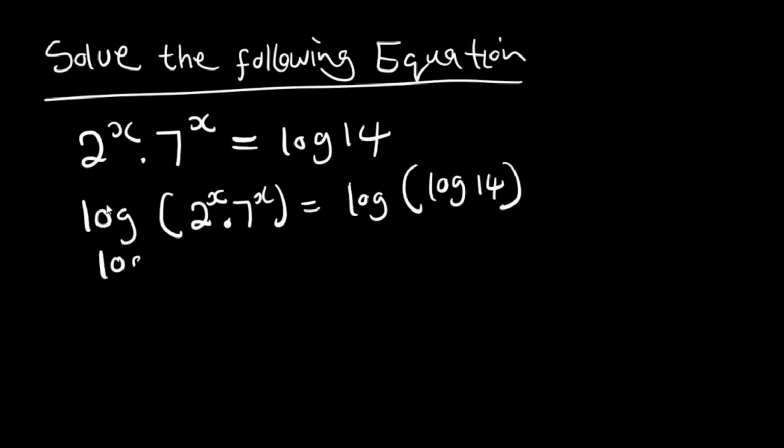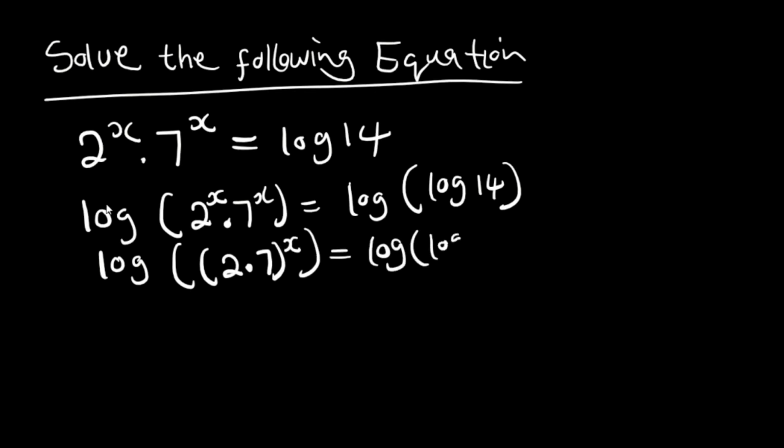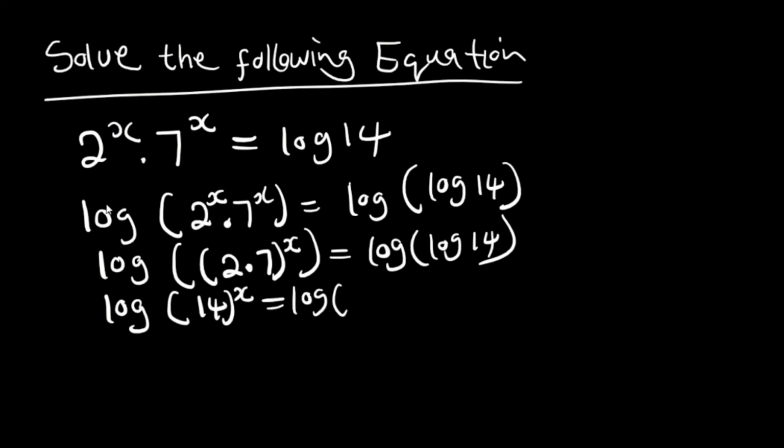So you're going to take the x outside, so you'll have 2 multiplied by 7 all to the power x equals to log of log 14, like this. Then you'll have log of 14 all to the power x is equals to log of log 14. Then now, what you need to notice is that you can't see the base here. So when you can't see the base, when the problem is given and you can't see the base, always know that the base is equal to 10.